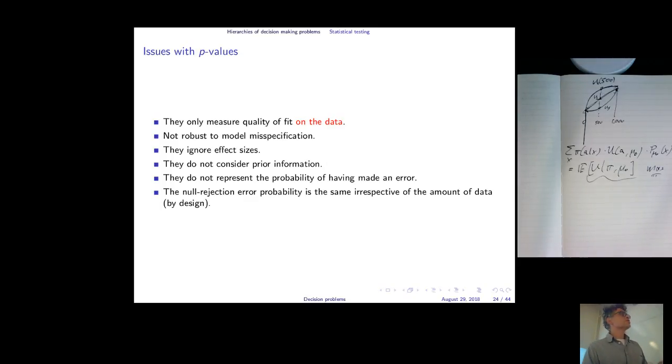They don't actually consider the probability of making an error. The thing that you see as a p-value is just this uniform distribution when the null model is true, so it's not really the probability of having made an error, it's just some technical thing that appears there. And because of the design of these tests, the actual error probability of rejecting the null hypothesis when it's true is always the same, no matter how much data you have.